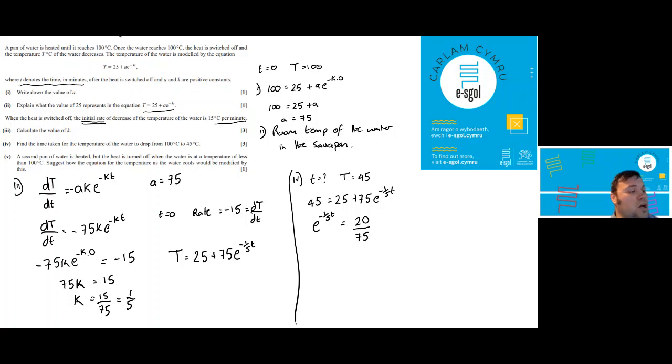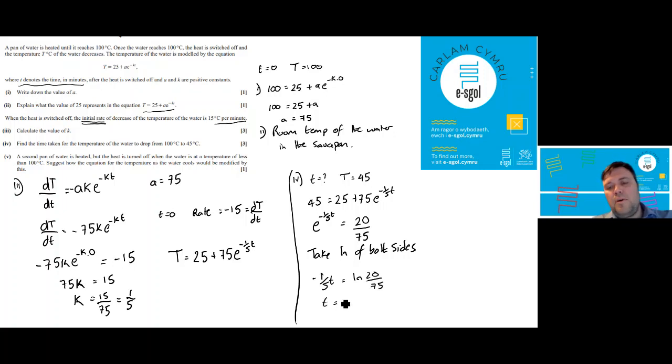So now we need to solve this so that we can work out the t. It comes back to the first couple of slides where we were looking to solve exponentials. So take logs of both sides, take ln of both sides, so that we get minus 1/5 t equals ln of 20 over 75.